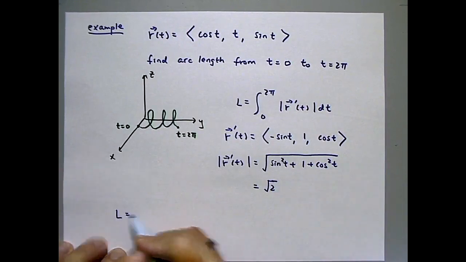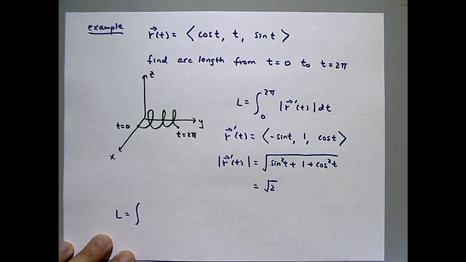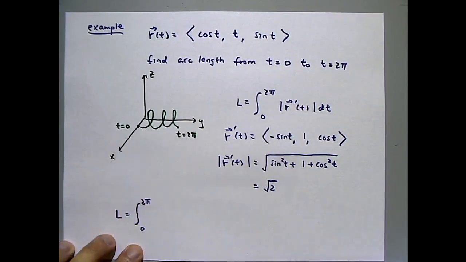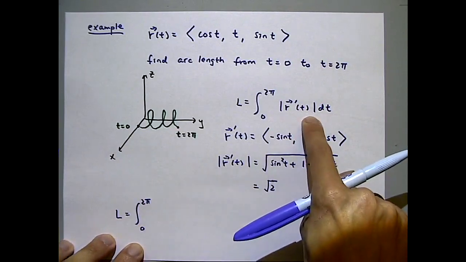And therefore, the length for the segment of that helix we want is the integral from 0 to 2 pi of the magnitude of r prime.